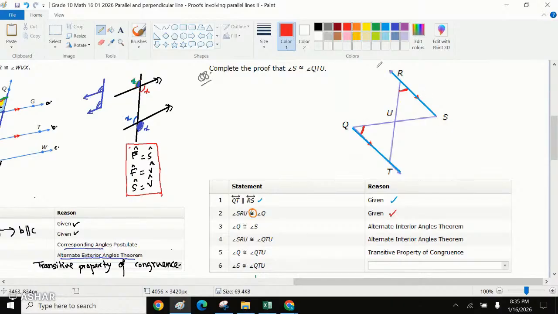I told you we have parallel lines, and whenever we are forming a butterfly, then the top angles would be the same and the bottom angles would be the same. These would be the bottom angles. Okay. They're saying angle Q is equal to angle S. Yes, they would be equal because we are forming a Z over here.